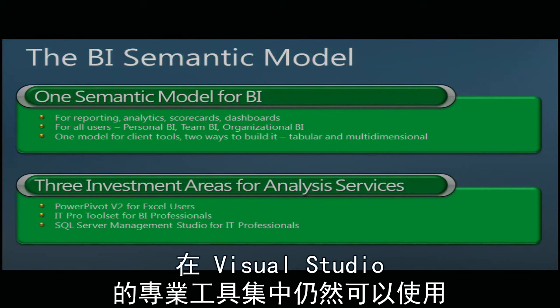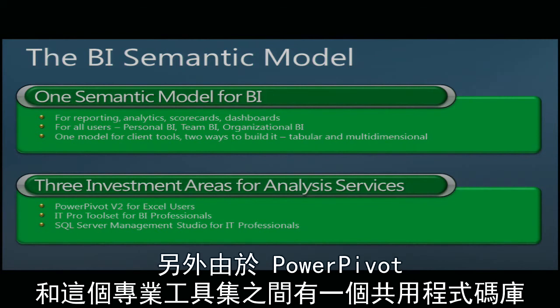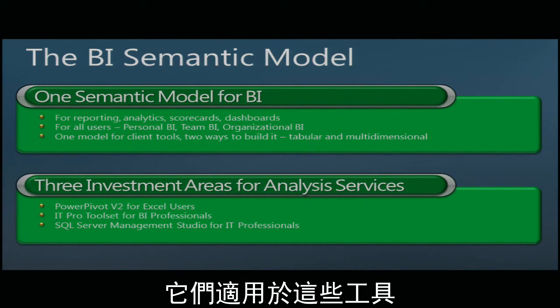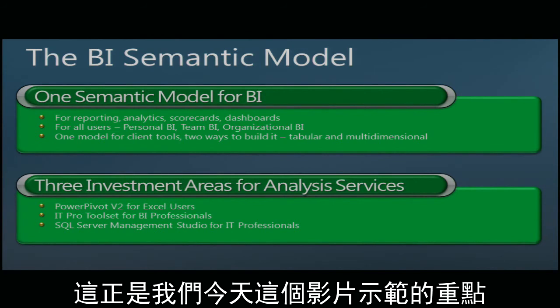That was really the core focus of the team. But since we have a shared code base between PowerPivot and the professional tool set, you will see a wealth of new features that have been added to PowerPivot as well, since they surface in both tools. And that's really the focus of this presentation today.